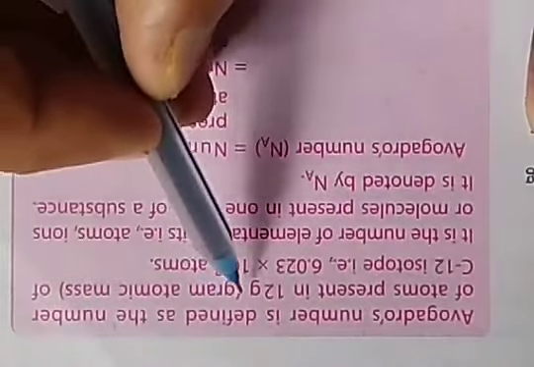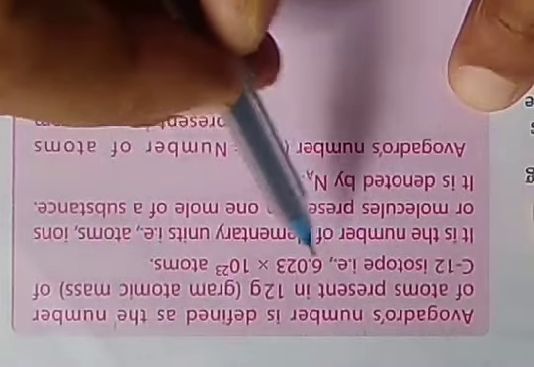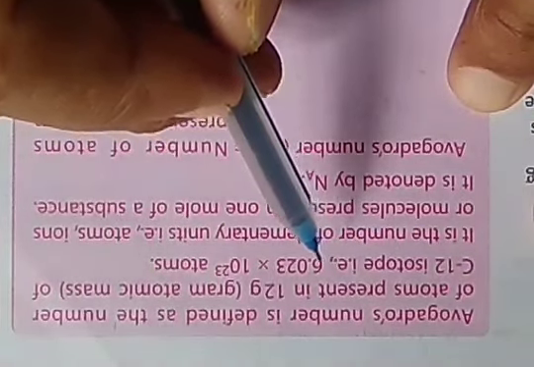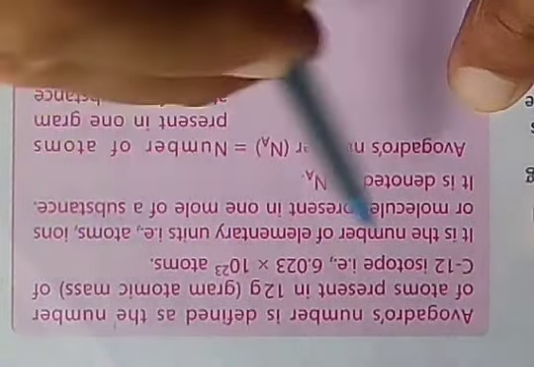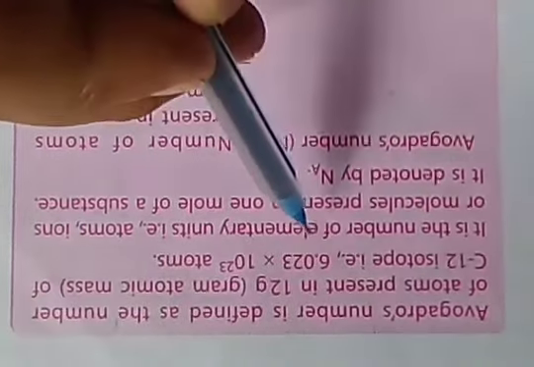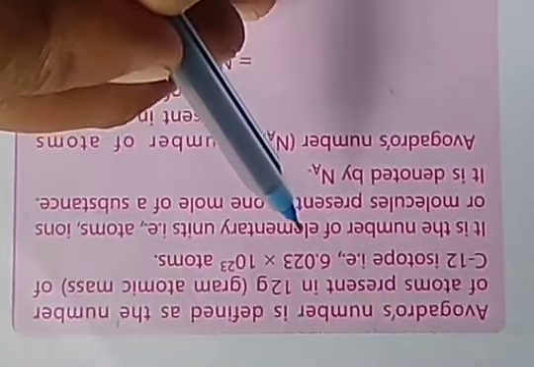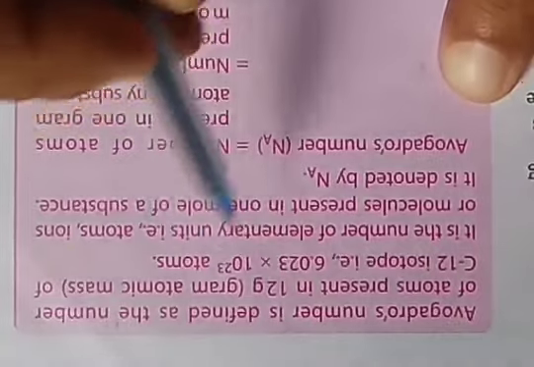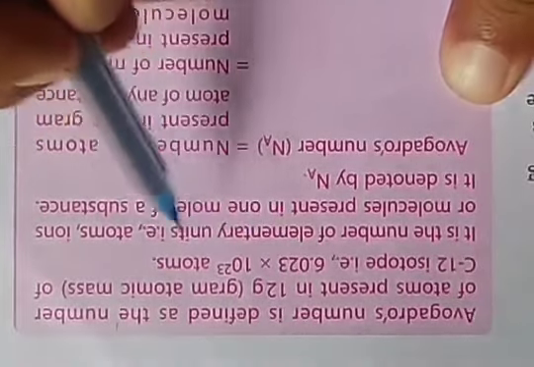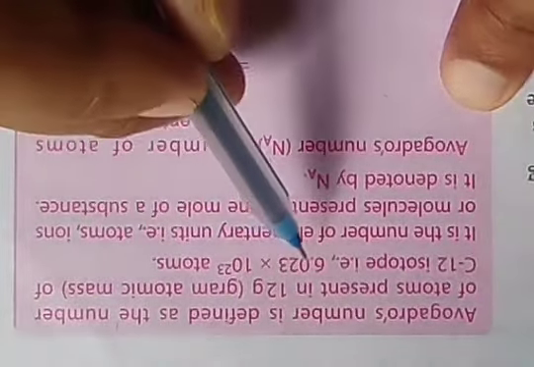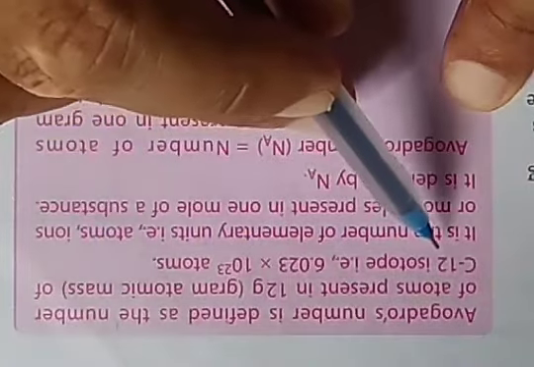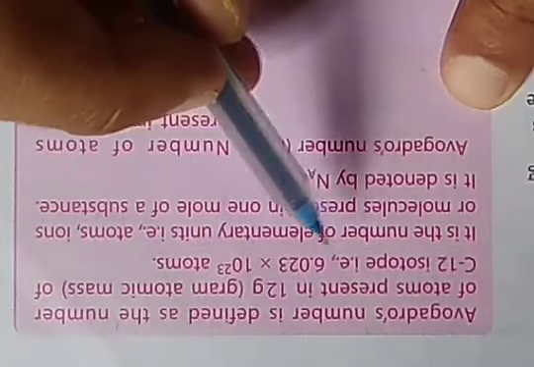So what is Avogadro's number? Avogadro's number is defined as the number of atoms present in 12 gram of carbon 12 isotope.